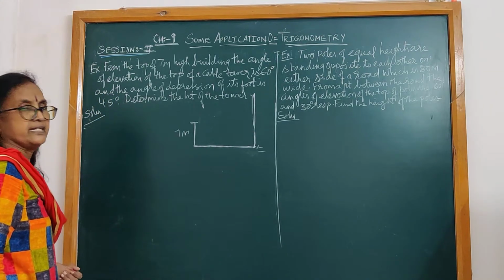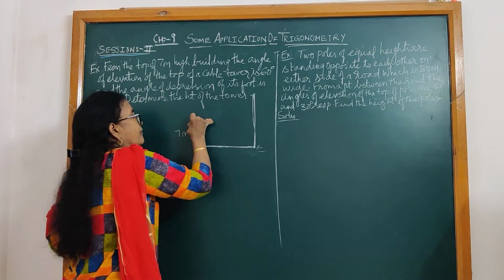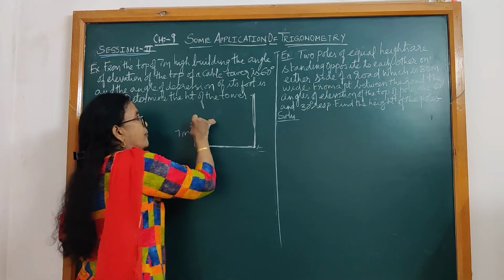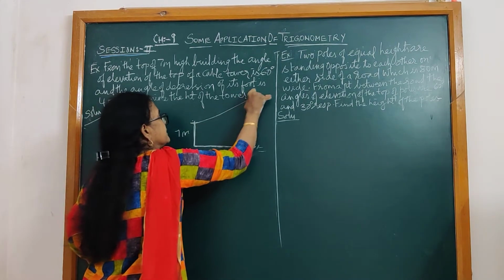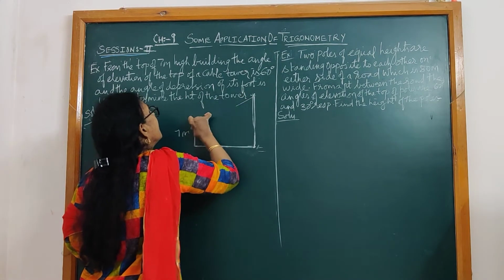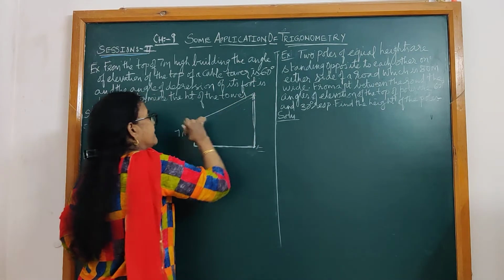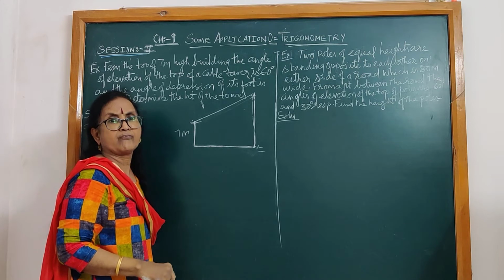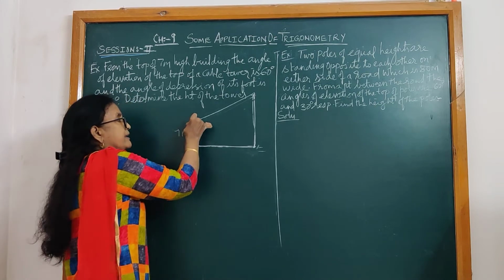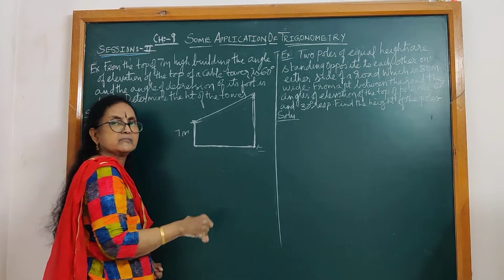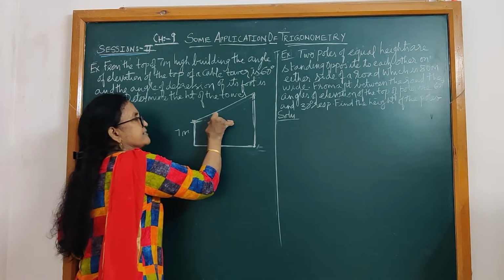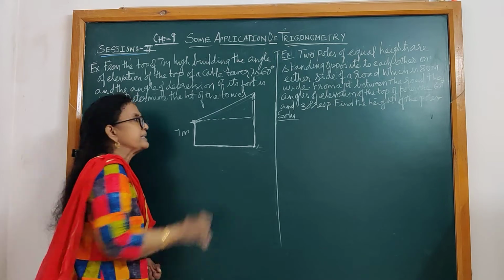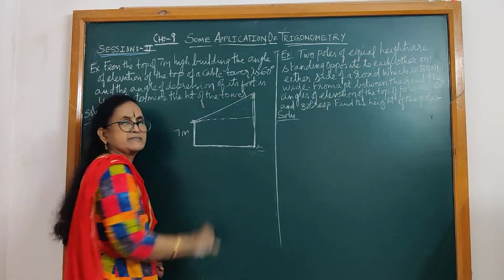It is 60 degrees. When you are standing here, you are looking from bottom to top. This is your angle of elevation. Now how will we show the angle of elevation here? Your eyes are here. Eyes should look straight this way, but the line of sight is this.